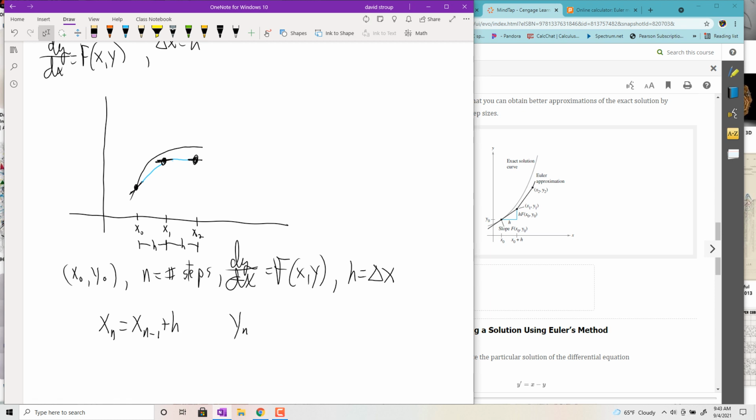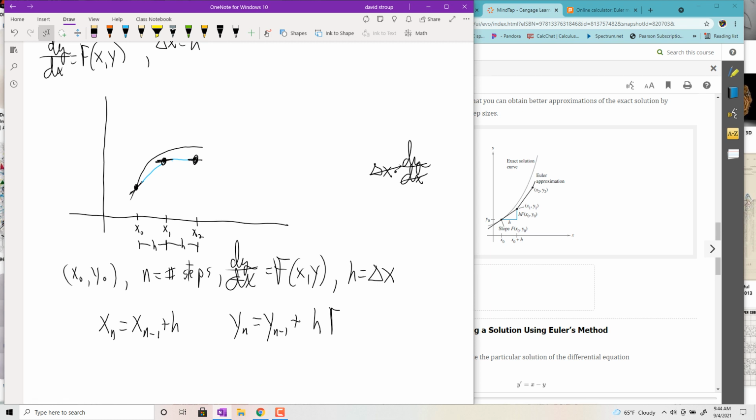The y formula, what you do is take the previous y height, and then you add in the change in y that you get from the differential equation. So to get the change in y, you just multiply the derivative times the change in x, right? Because the change in x times the derivative, the change in x kind of cancels out, and then you're just left with the change in y.